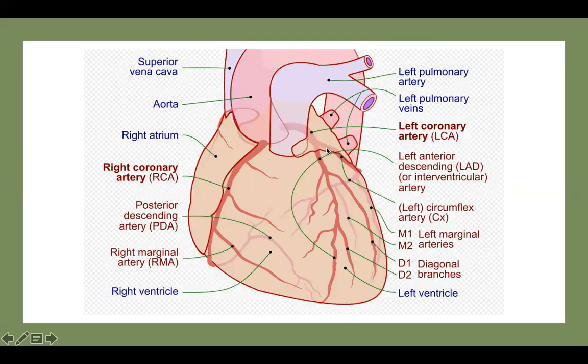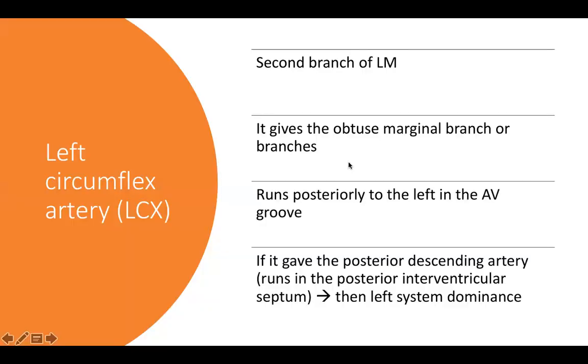As it originates, it goes backward and to the left to run in the left part of the atrioventricular groove. If it gave the posterior descending artery, which happens in only 15% of the cases, we call it left system dominance. And if the posterior descending artery originates from the right coronary artery, as usual, we call it right coronary dominance.